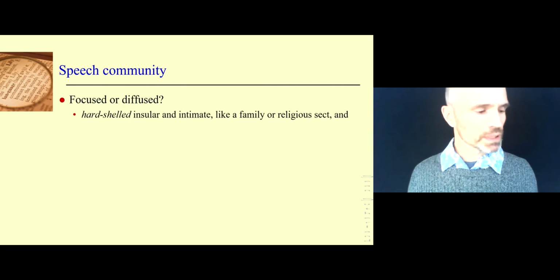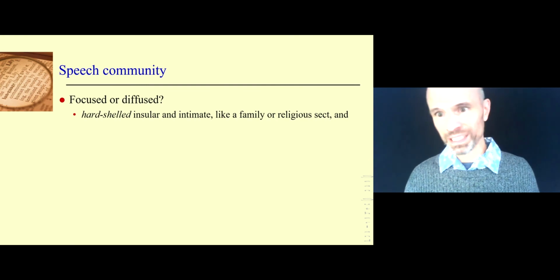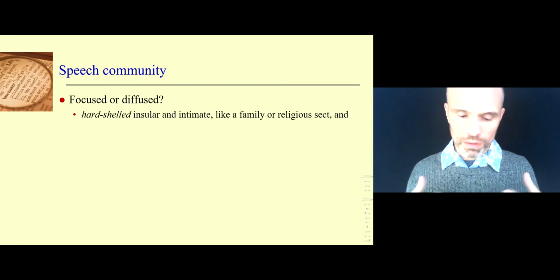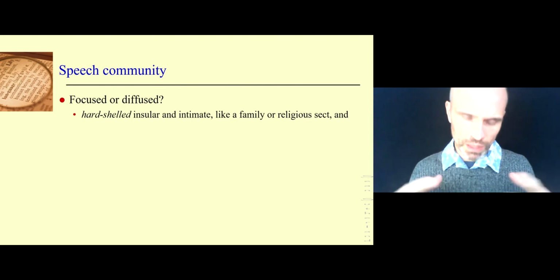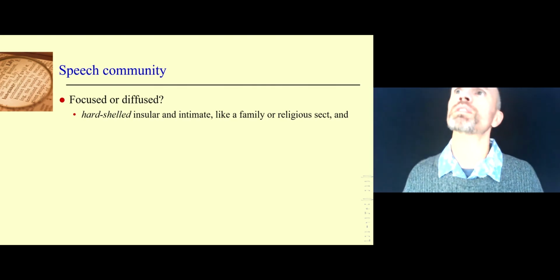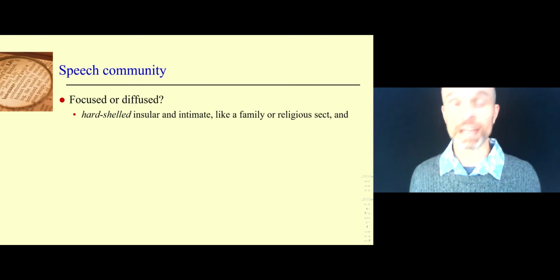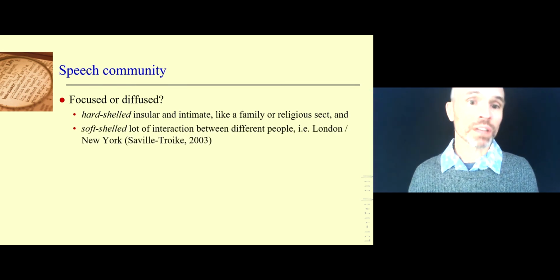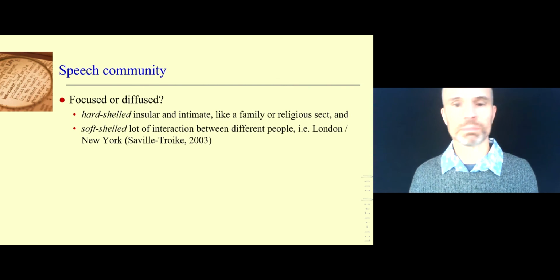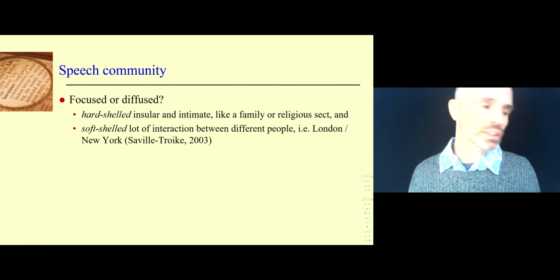A few extra terms that can be useful. Some speech communities are described as hard-shelled, right? Like a religious group is a particularly useful one. Notice it says religious sect here, right? So a smaller group of practitioners of a religion who may have quite regular interactions with one another, and that makes them have more in common with one another than a soft-shelled group, such as people in a city like London or New York, right?